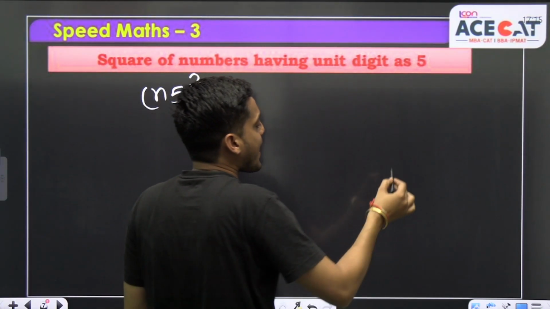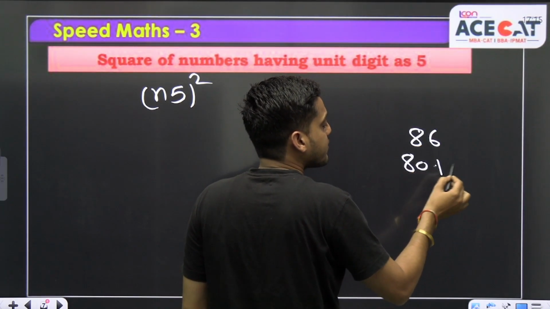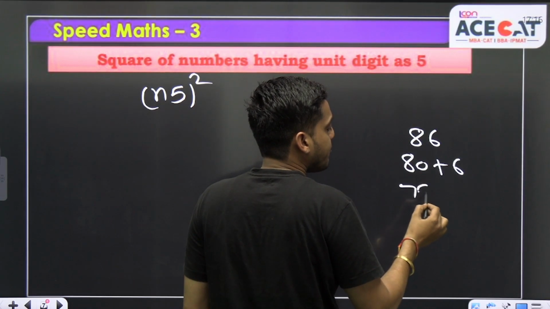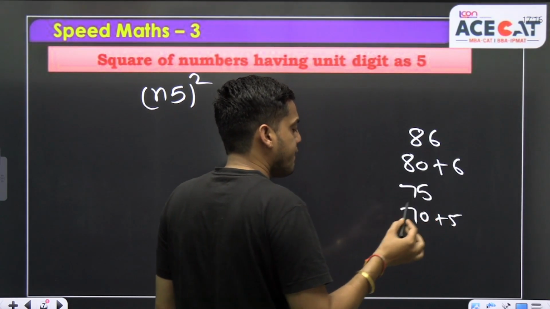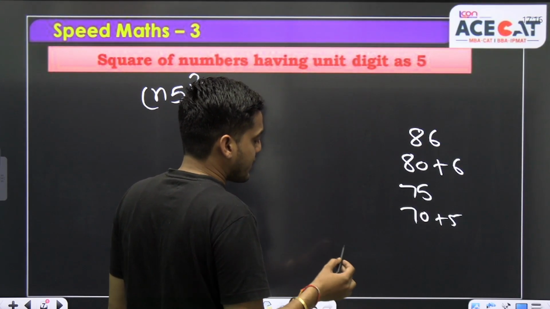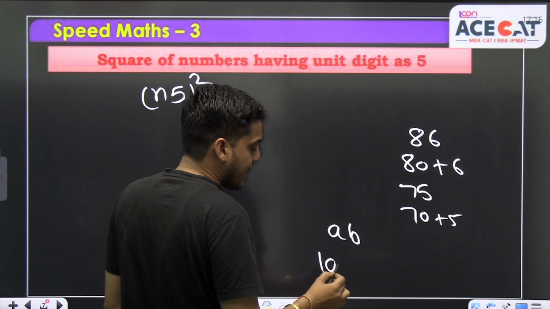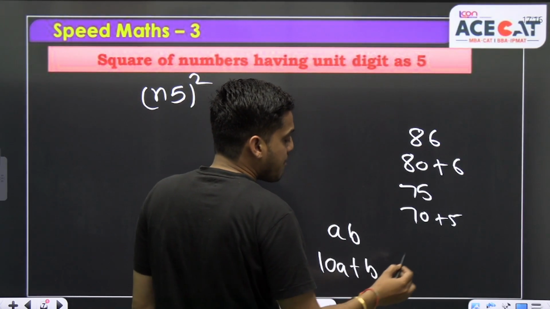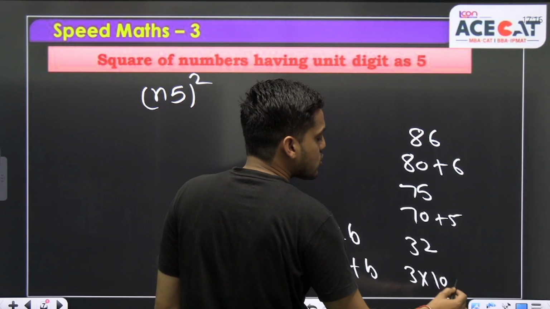If I am writing any number here, like 86, it means 80 plus 6. 75 means 70 plus 5. If I am writing a 2-digit number AB, it is nothing but 10A plus B. If I am writing 32, it means 3 into 10 plus 2.